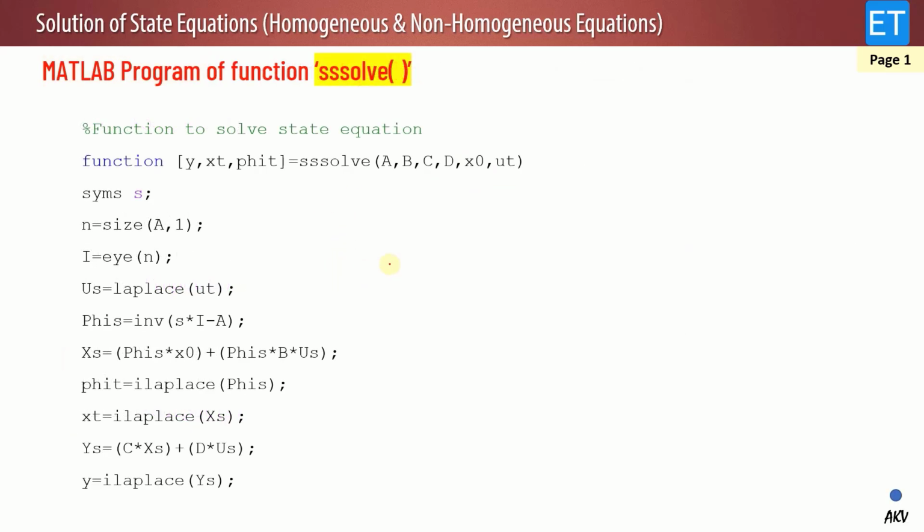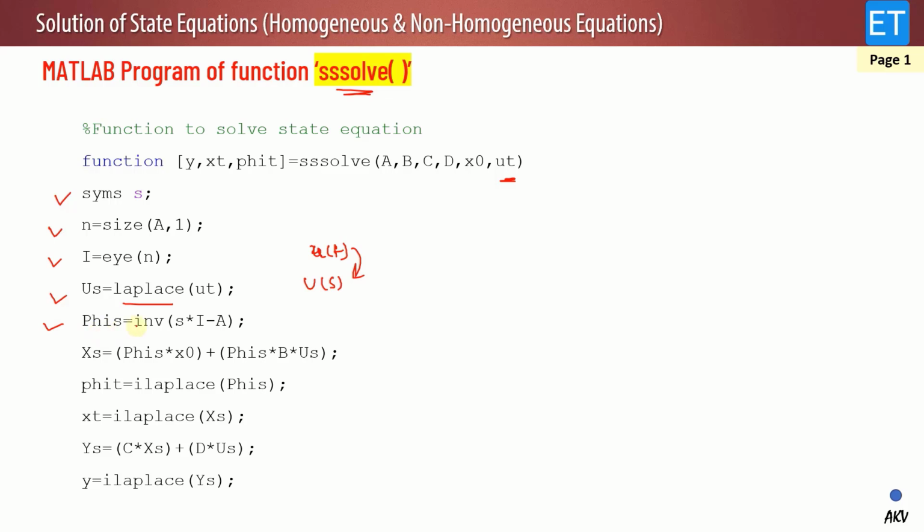Now let me show you the code of this function SSsolve. Here the symbolic variable s is declared, then the size of matrix A is found, and then an identity matrix of that size is created. Then I find the Laplace transform of the input, so u(t) is converted into U(s).